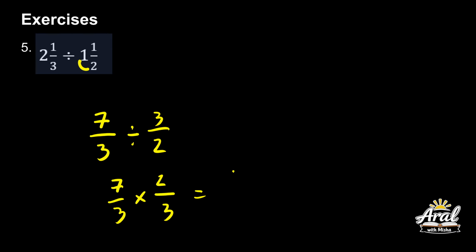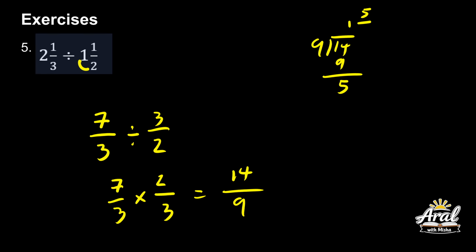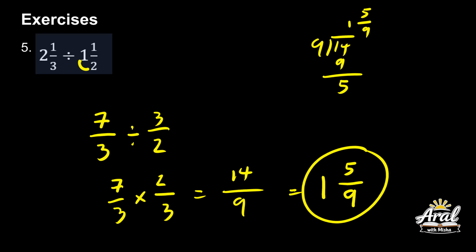So multiply, 7 times 2, 14, over 9. 14 divided by 9, 1, remainder 5, di ba? So 1 and 5 over 9. So that's your answer.